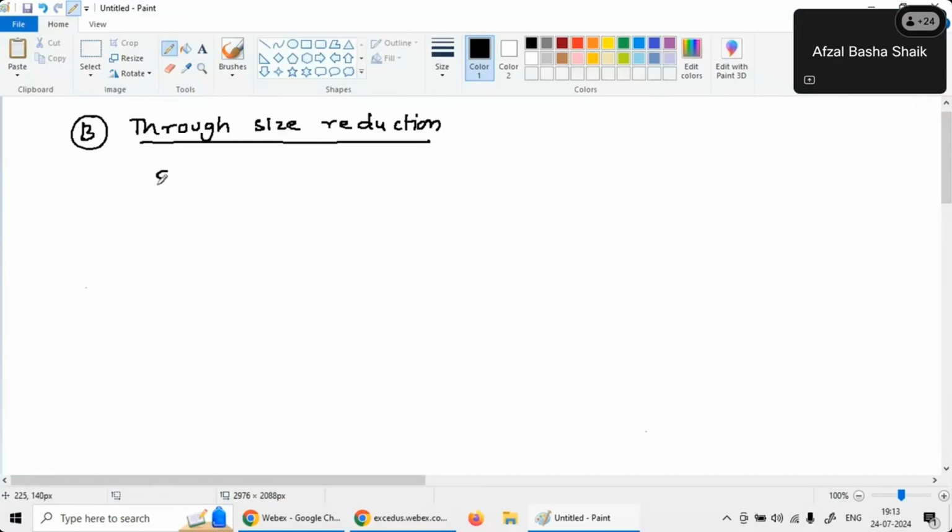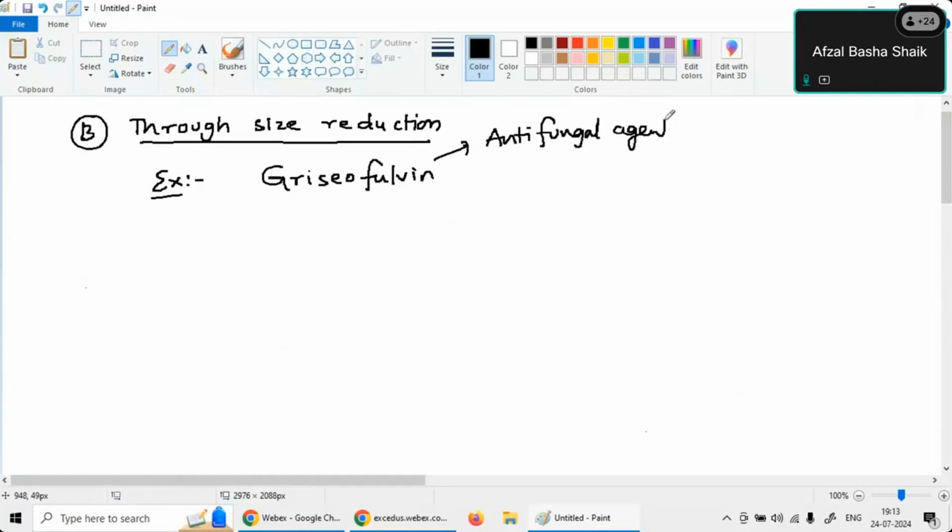So for example, griseofulvin. What is the use of griseofulvin? It is used as an antifungal agent that inhibits tubulin polymerization, right? Inhibits tubulin protein.